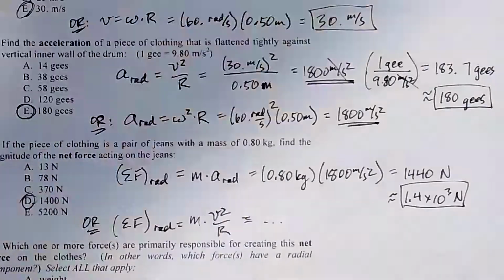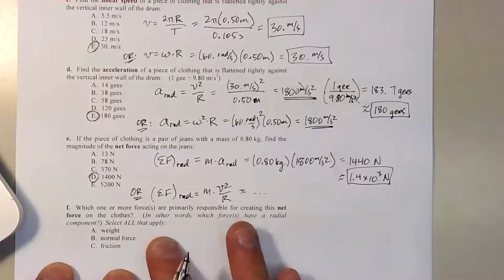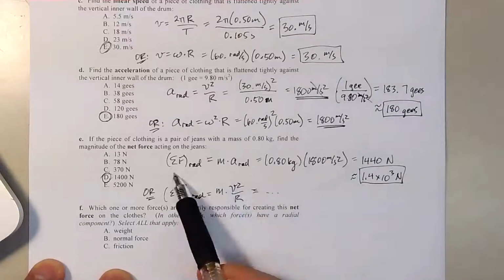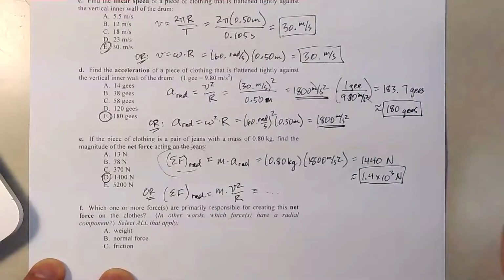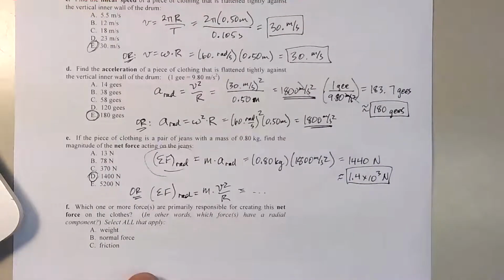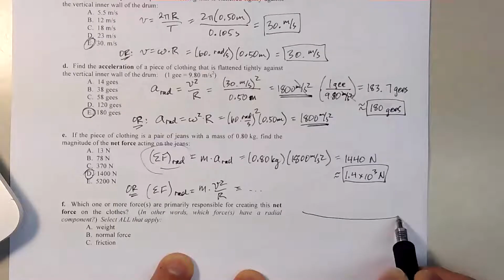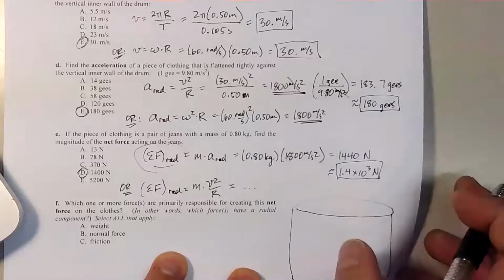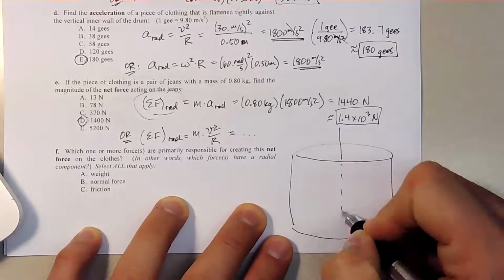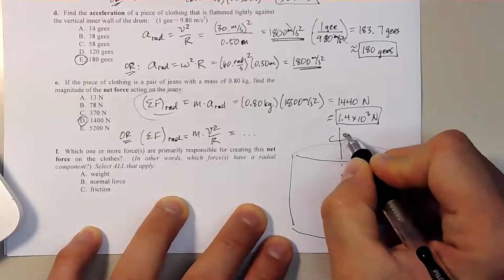Now, let's think about this for just a moment. Which physical forces are responsible for creating this net force in the radial direction? So if I think about a piece of clothing inside this drum, inside the washer, here's my spin axis as the washer spins.